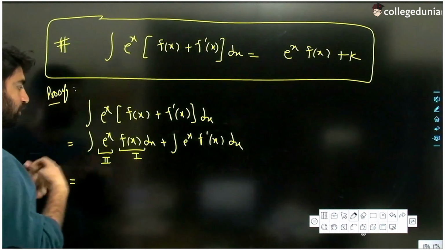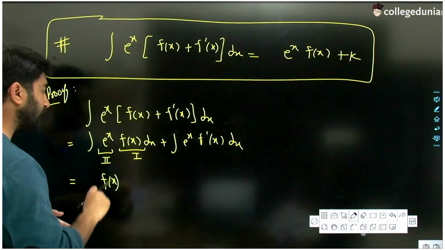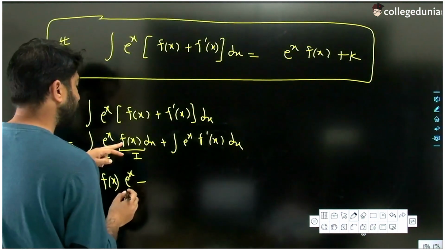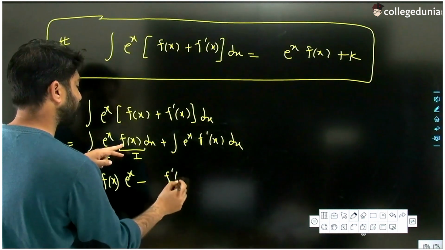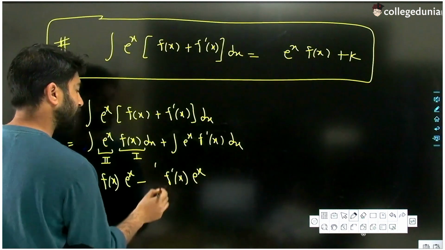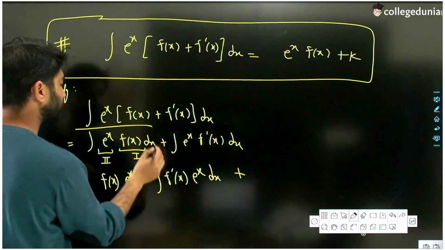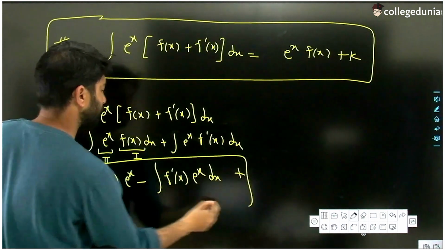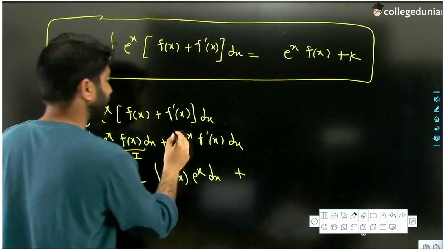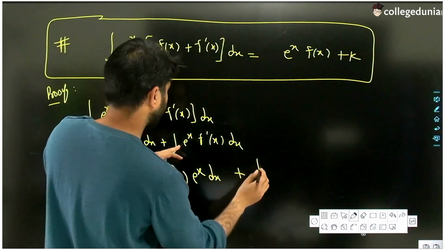So guys, according to by parts rule, first function is written as it is, then integration of second. The integration of e^x is e^x, minus derivative of first, this is f dash x, integration of second, this is e^x, then integration of the entire function, plus, guys, this is the integration of this first part, right? But we are not doing anything with this second part. We are just writing this as it is.